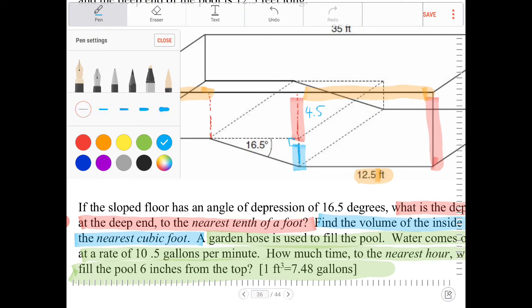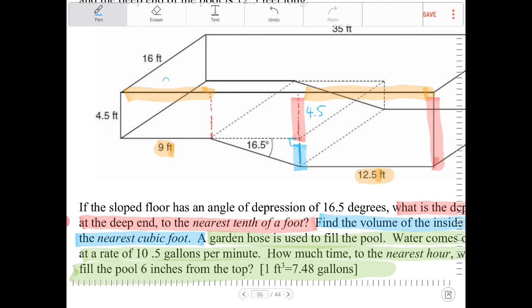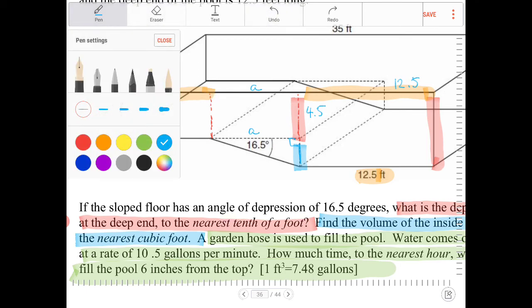So this is going to be 9, this is going to be 12.5, and the only dimension that I don't know is this guy right here. I'm going to call it A. And A is going to be equivalent to this guy right there. That's also A, because this quadrilateral is a rectangle.